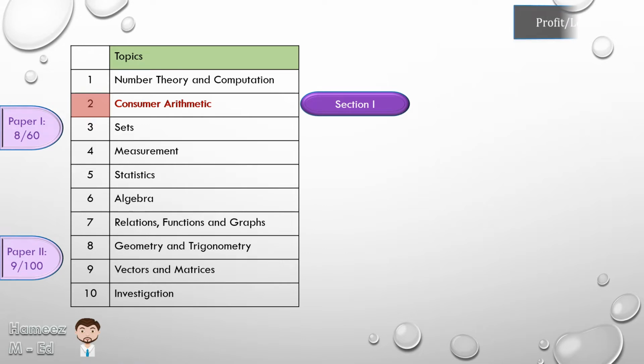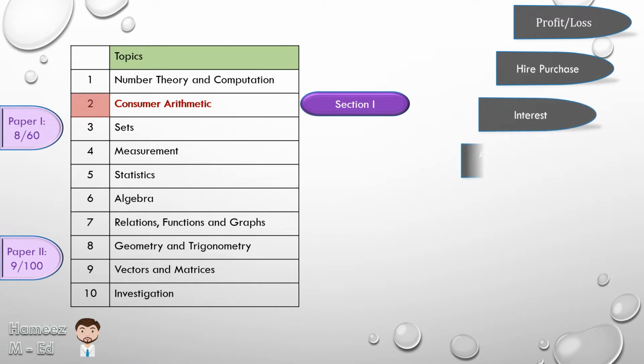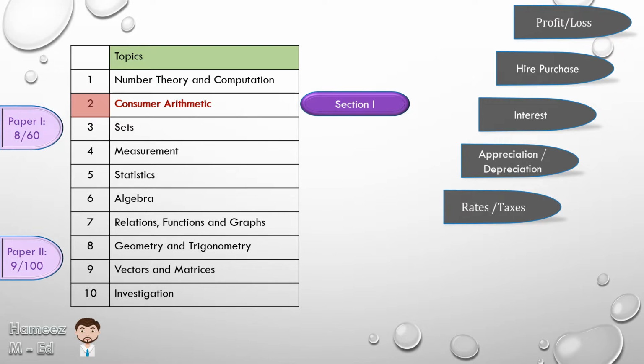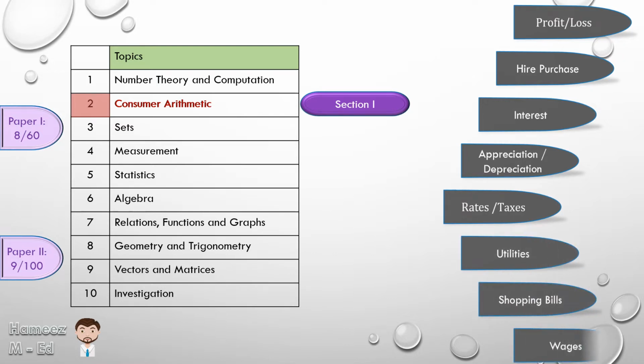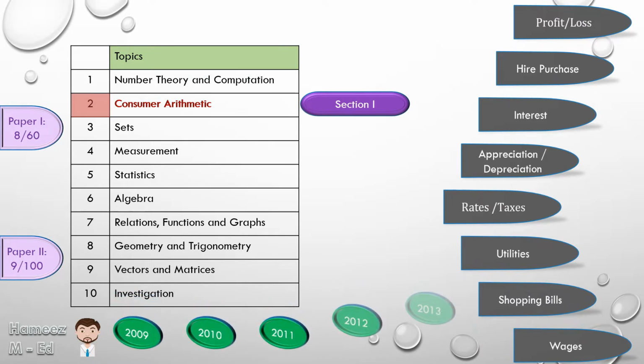This topic includes profit and loss, hire purchase, interest, appreciation and depreciation, rates and taxes, utilities, shopping bills, and wages. This topic comes every year as number 1 from the years 2009 until 2013.